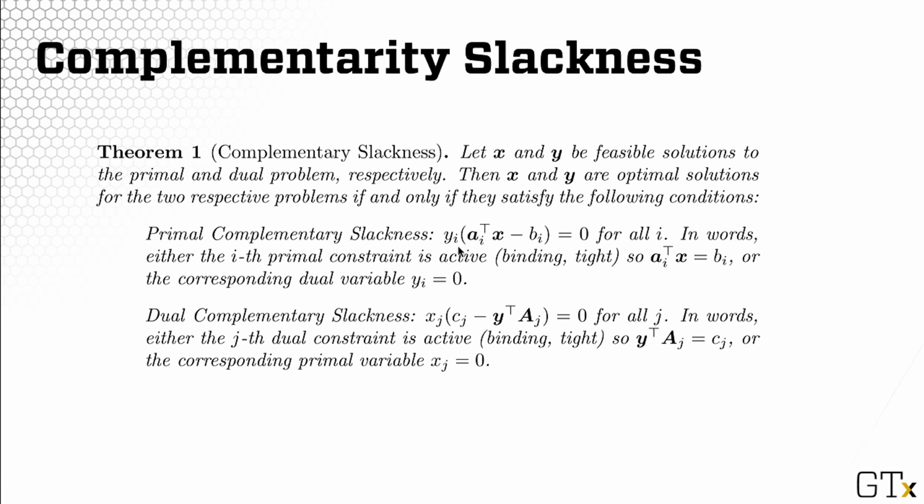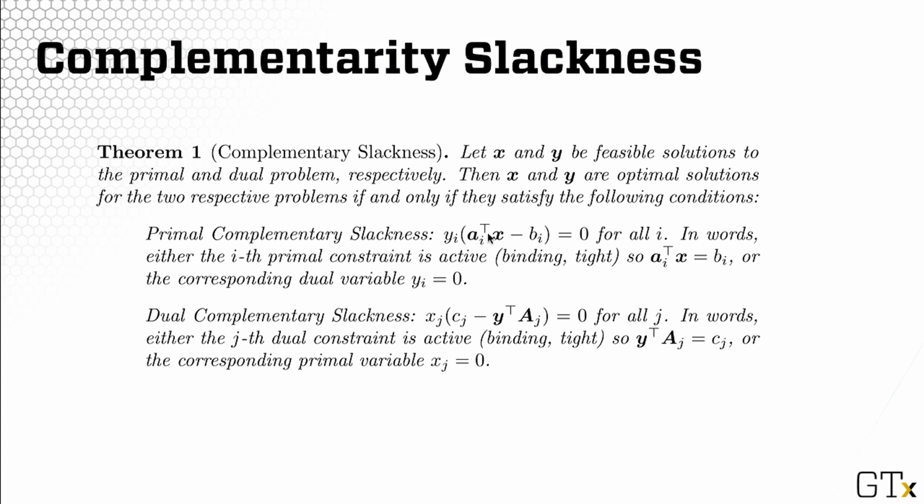What it says is the product of yi for the i-th primal constraint times the i-th primal constraint, which is ai transpose x minus bi, should be 0. This product is 0 for all constraints.